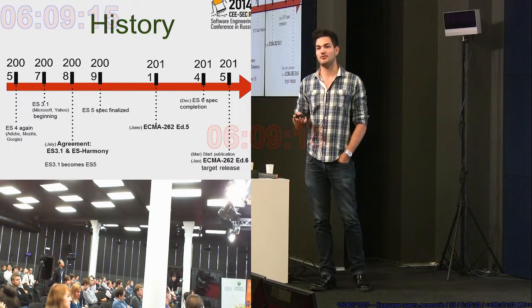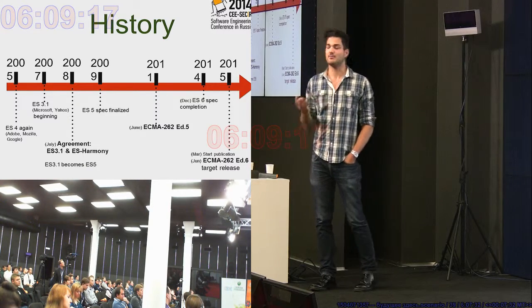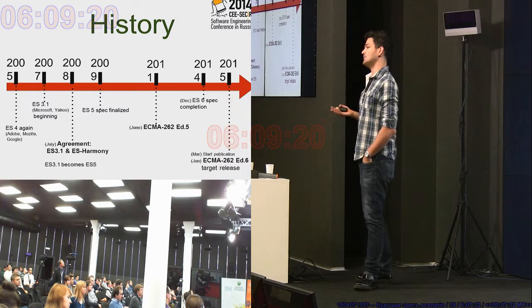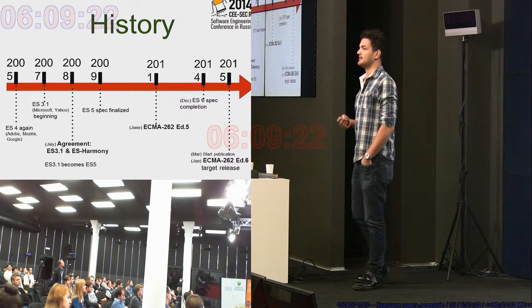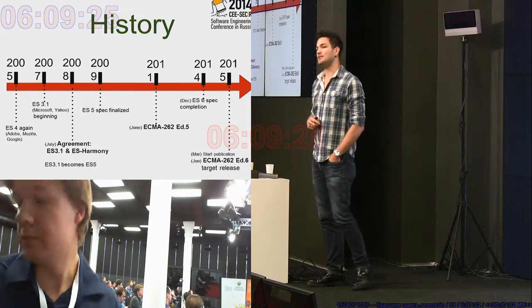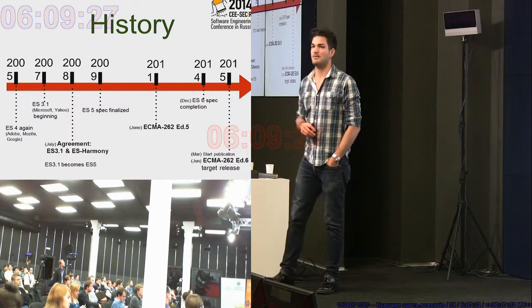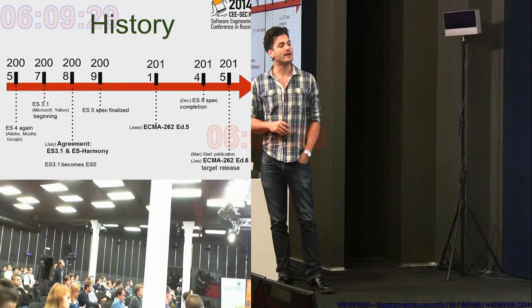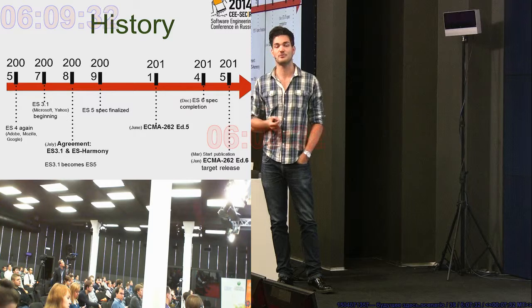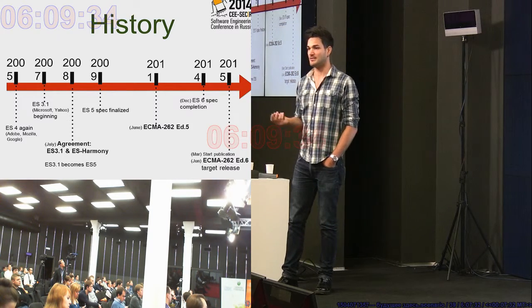The features are pretty much completed. There are just some bug fixes, and all the browsers are implementing the different features, especially Chrome and Firefox have been implementing them pretty well. And next year, in June, we should have the release of edition 6.